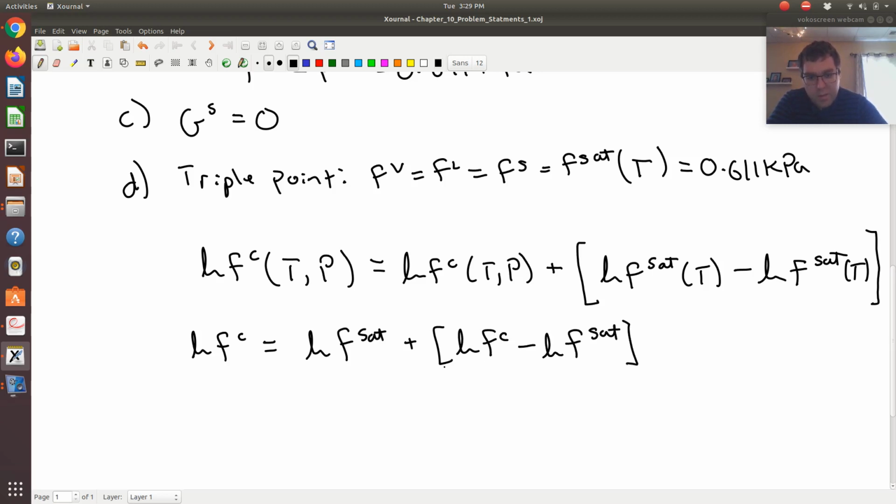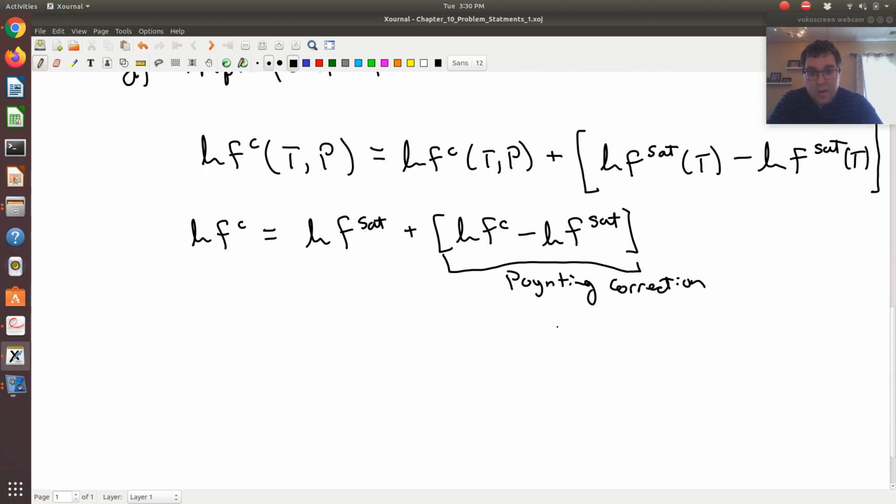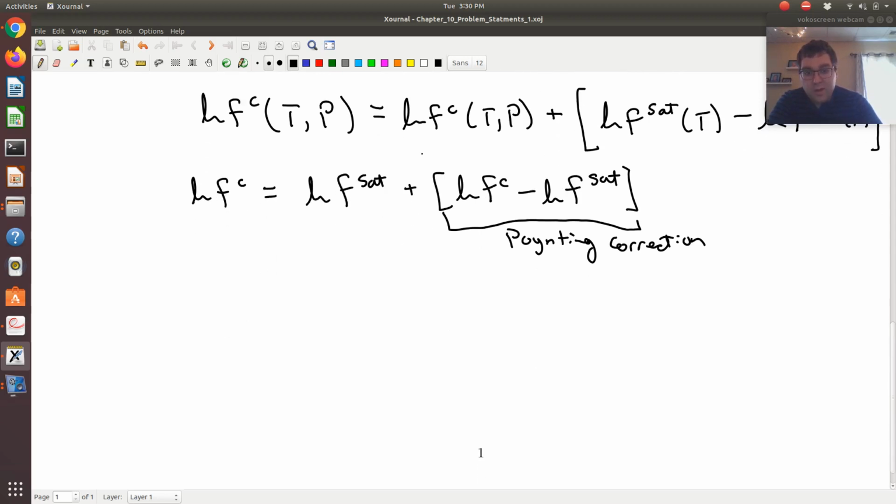And remember, the general idea is this is what's going to be my Poynting correction. Key here is that these two states are at the same temperature, but they're at a different pressure. This is at my pressure of interest. This is at my saturation pressure for that T. Okay, and so how would I calculate this?